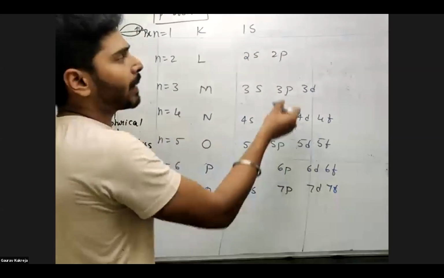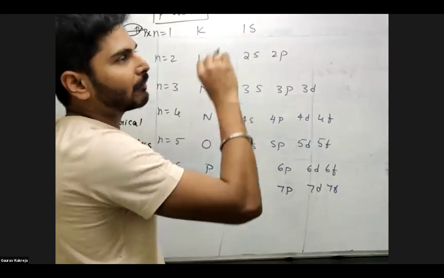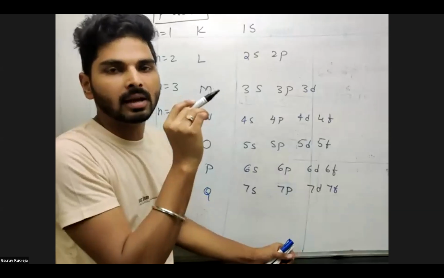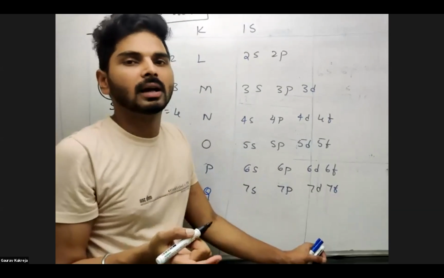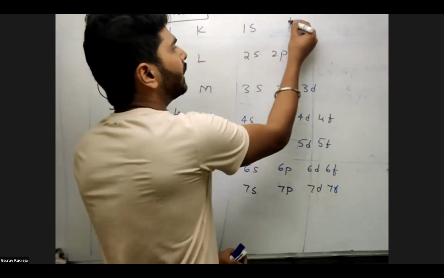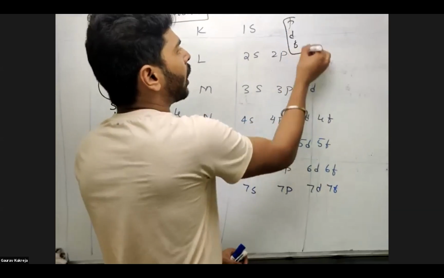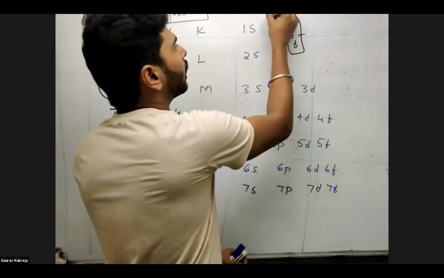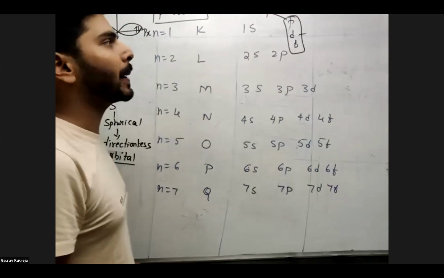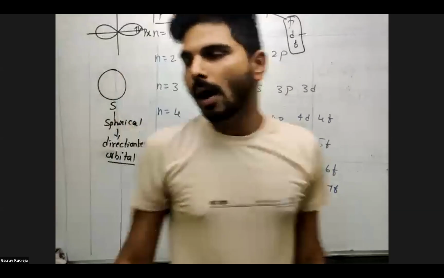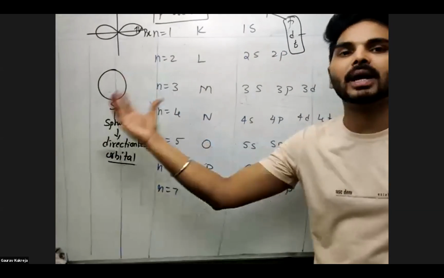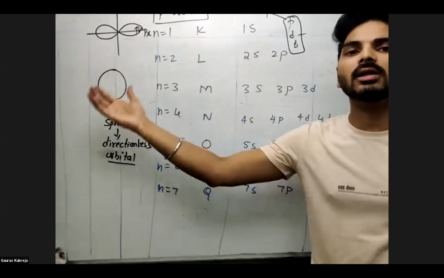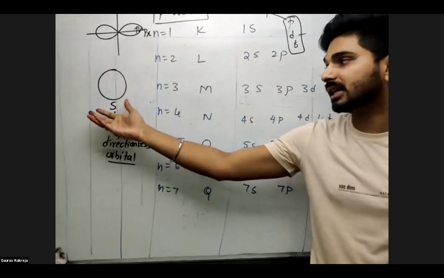Because d के केस में आप देख सकते हो, if you restrict one electron in a dxy plane, that electron won't be present in now yz or xz plane. That means p, d, and f, all the three orbitals are directional orbitals, because you can expect them in particular direction. But s electron will be present in all the direction. Why? Because it's spherical in shape. It is present in all the three directions, all the three dimensions.